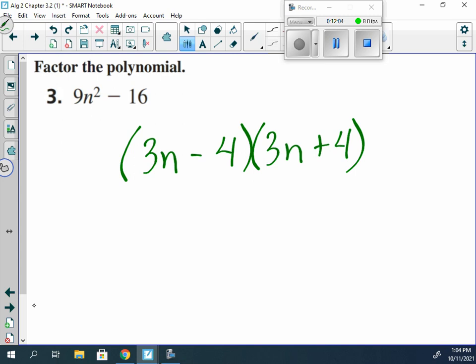If seeing whether numbers are perfect squares is kind of challenging, variables are fine because if it's squared, we can say it's multiplied by itself. But with the numbers, I can always grab the graphing calculator and take the square root of 9. Does it give me a whole number? If yes, that number times itself would be our number. So if you got, say, 169, is 169 a perfect square? It is. It would be 13 and 13.